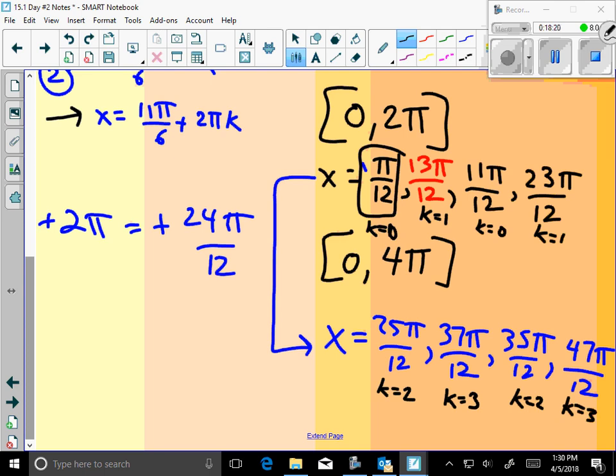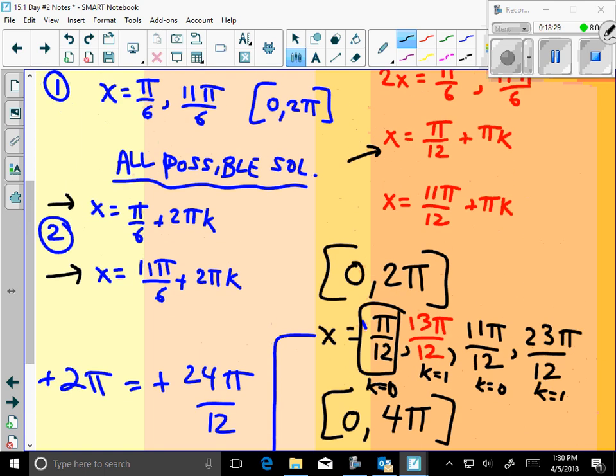Nice part is we only ask you for solutions between 0 and 2 pi. And if we ask you for all solutions, you would not write any of that out. You would just write this. That would be the answer for all possible solutions.